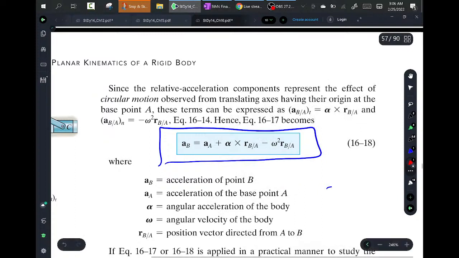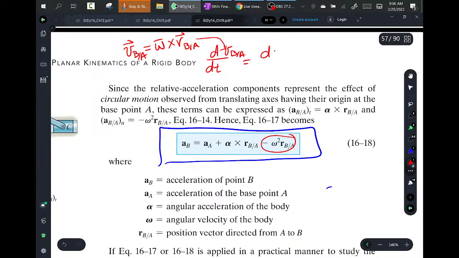Essentially, this term comes from the result that if you're taking the derivative and you realize the velocity of B relative to A is equal to omega cross R_BA, then the derivative of this component, velocity of B relative to A, would be the derivative of omega with respect to t cross R_BA.